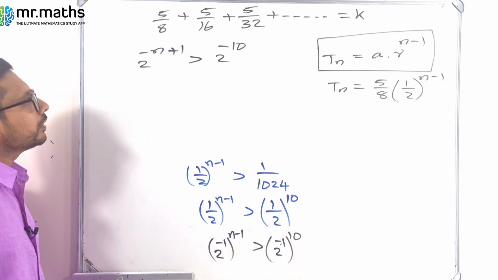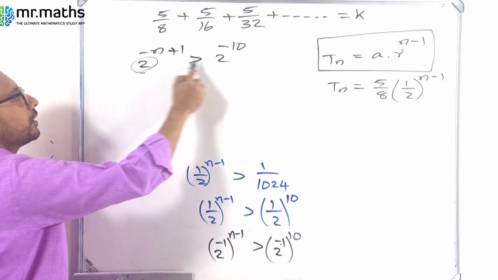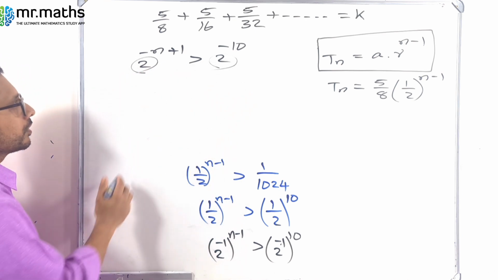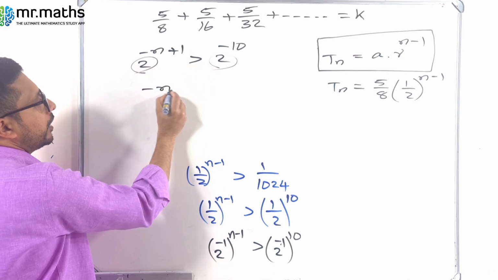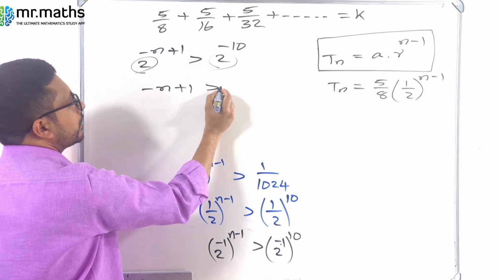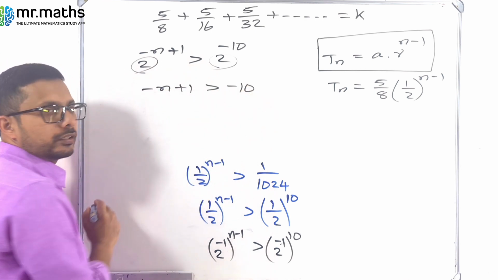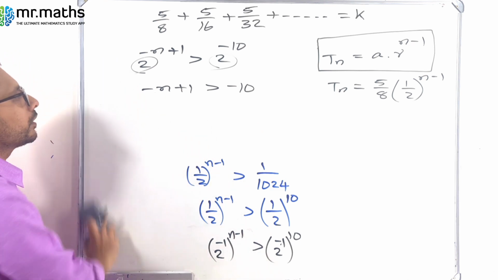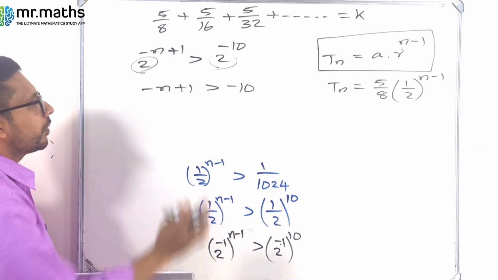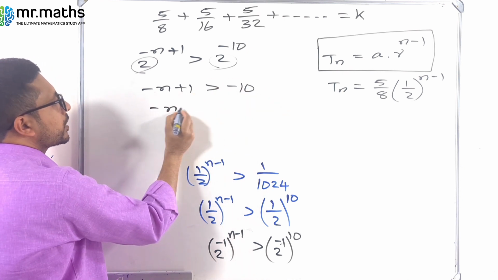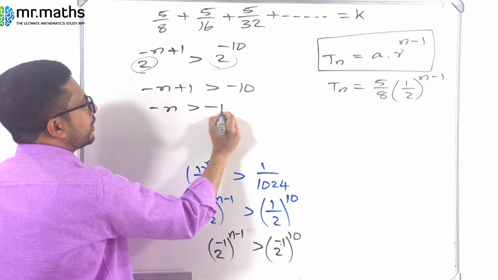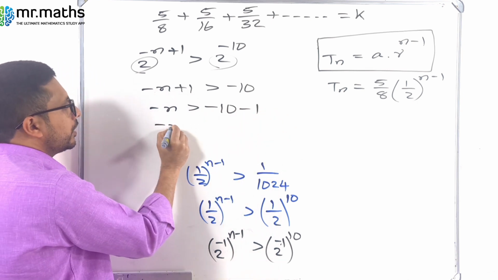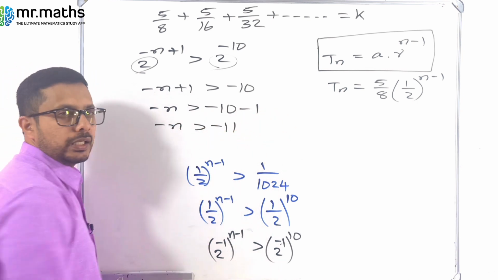Now look at this one, both the bases are the same. So you can equate the exponents. So minus n plus 1 is greater than minus 10. You understand? I equate the exponents. Here take this 1 to the other side. So it is minus n greater than minus 10, and on the other side it is minus 1, so minus n greater than minus 11.